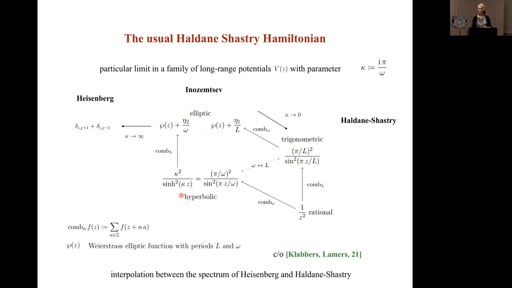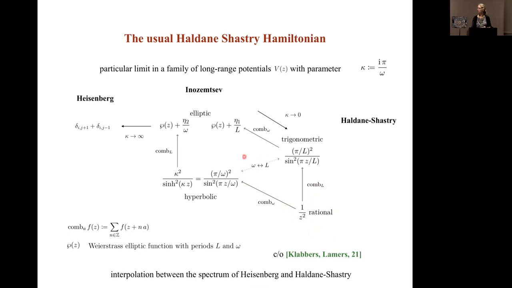This hyperbolic model is easier to study than the full elliptic model, because what we call the wrapping corrections are absent. Exponential corrections in L are absent. And you can also take the two periods to infinity, and then you get the rational 1/z squared potential.